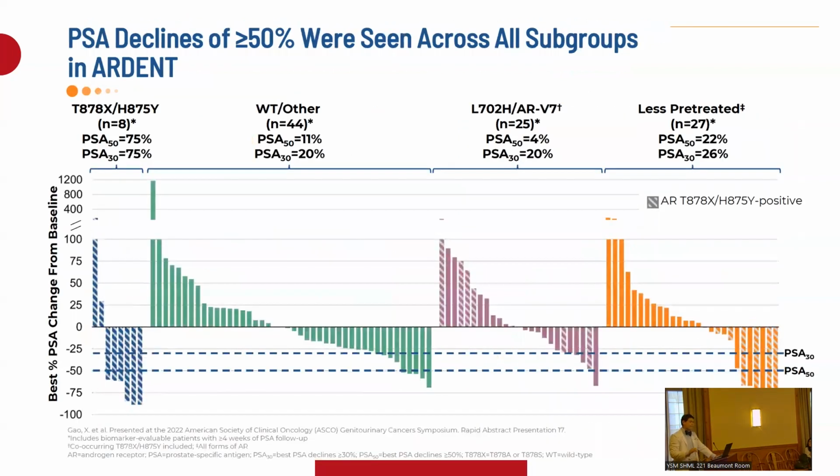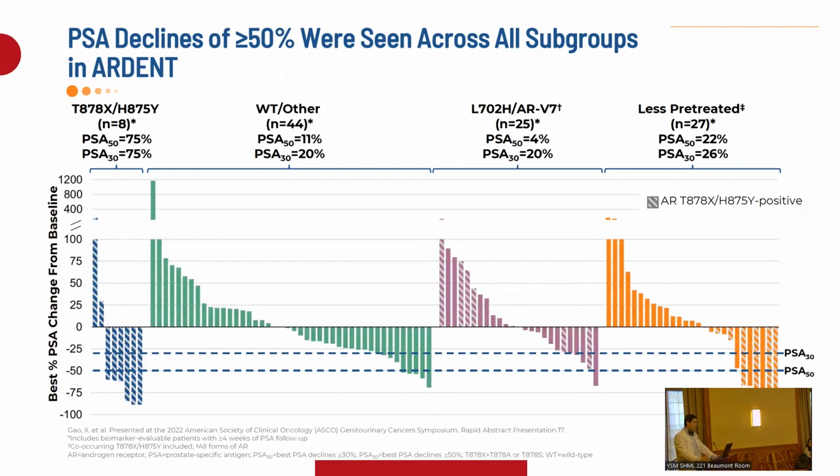Lastly, as I've mentioned before, this drug works really well for the T878X/H875Y genotype. However, this drug doesn't work quite as well for the wild type, where, as you guys can see, the PSA 50 is only 11%.